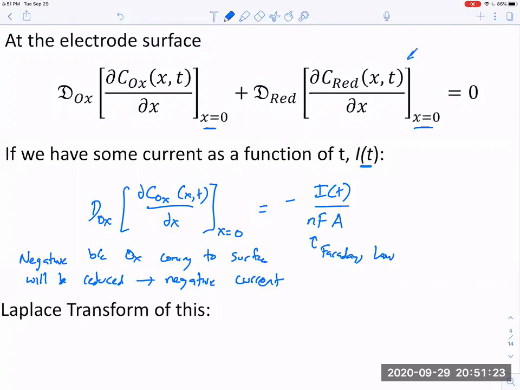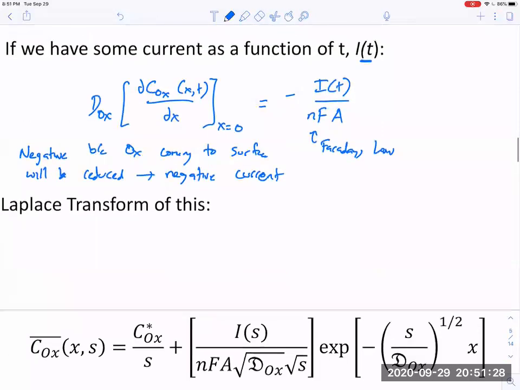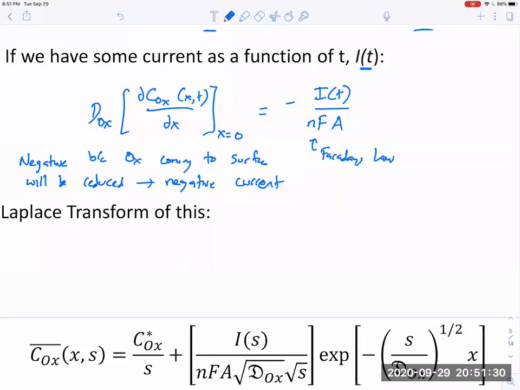From this, we can relate it to the reduced species concentration. So what we're going to do with this equation, now that we're relating the current to this concentration gradient and the diffusion coefficient, is take the Laplace transform and convert t to the variable s. The diffusion coefficient of the oxidized species is D, and the c bar represents that we took the Laplace transform.